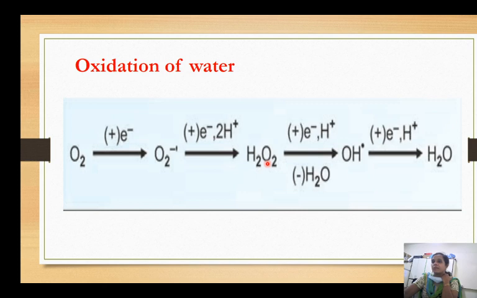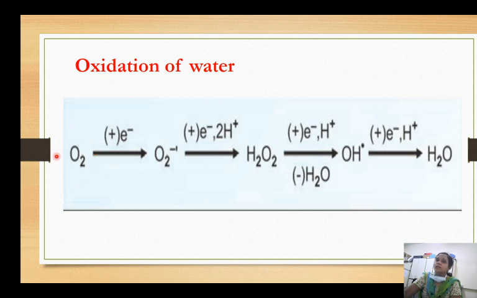Now this hydrogen peroxide will take up one more electron, and it will be losing one water molecule to form a hydroxyl ion. Now this hydroxyl ion takes up one more electron and H plus to form H2O. So H plus will neutralize here. One more electron is taken up and it will be in water.